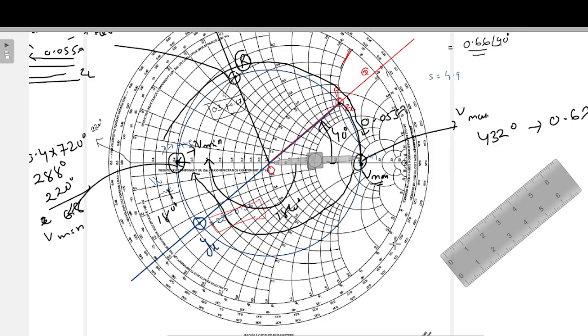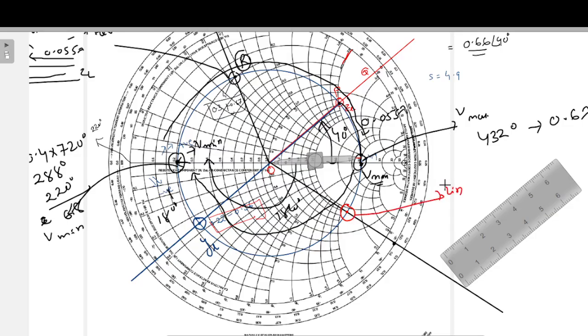So I need to draw one more line passing through this, and wherever it crosses the constant VSWR circle, that point is my Zin point.